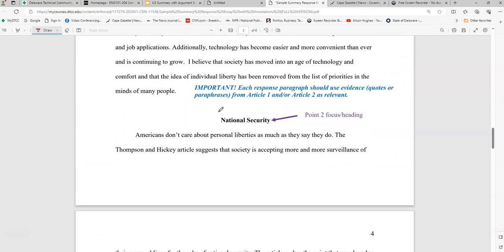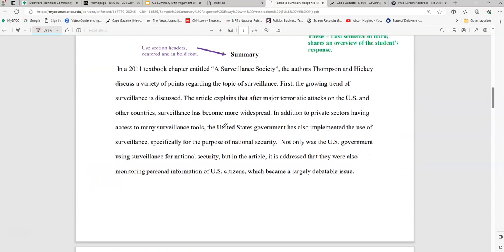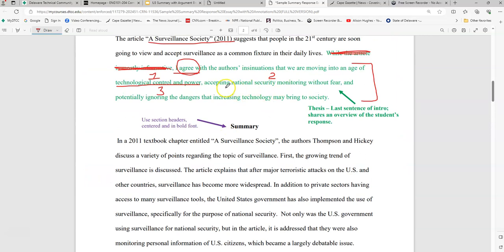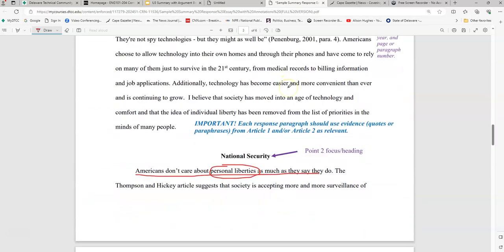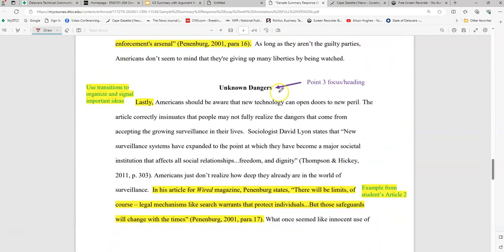Then if I go down to the second paragraph, "Americans don't care about personal liberties as much as they say they do." So it's this idea of security versus personal liberties. So again, if I go back up to the thesis, they accept security monitoring without fear. There's our next idea. And then finally, in the last response, unknown.